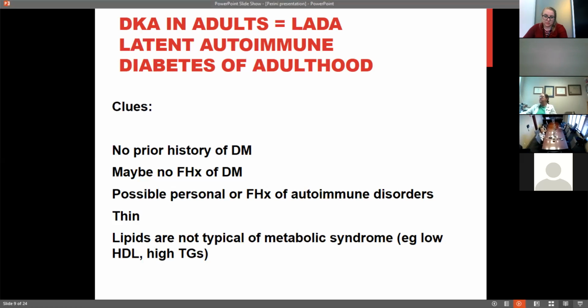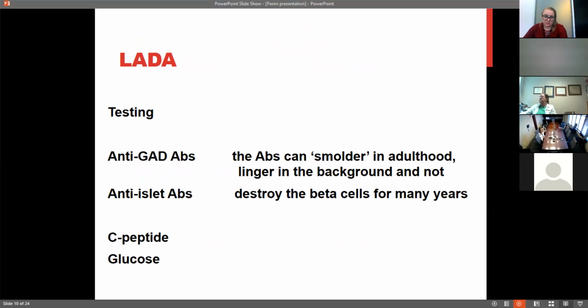So next slide, please. So you check the same antibodies that you check as if they were a kid to look for the types that are the most commonly found antibodies that would attack the beta cells. So the anti-GAD antibodies, or glutamic acid decarboxylase, or anti-islet cell antibodies, you can just order them in regular blood tests, and if they come back positive, you know that they have type 1.